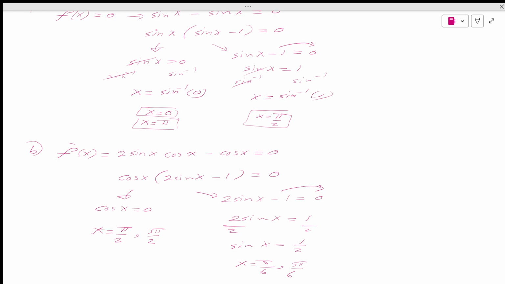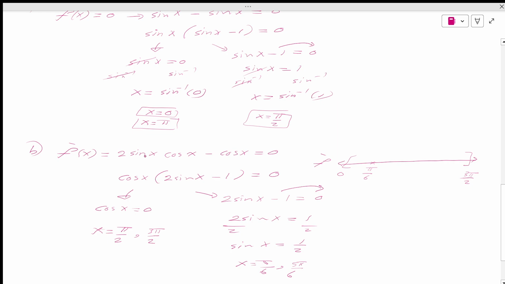So we will investigate the number line and we will place these values on. This is f prime. So the interval goes from 0 to 3 pi over 2. We will place pi over 6.